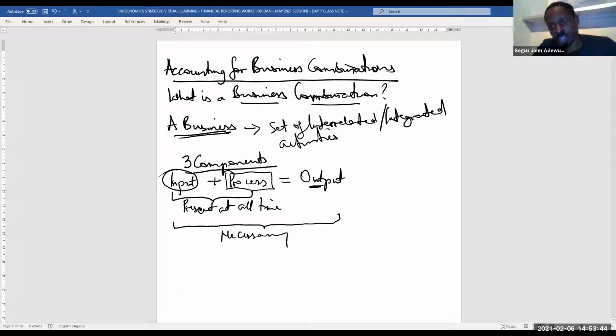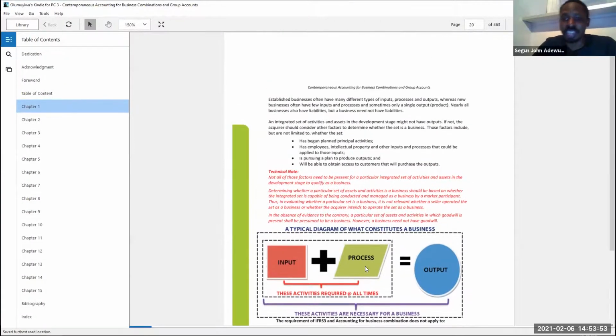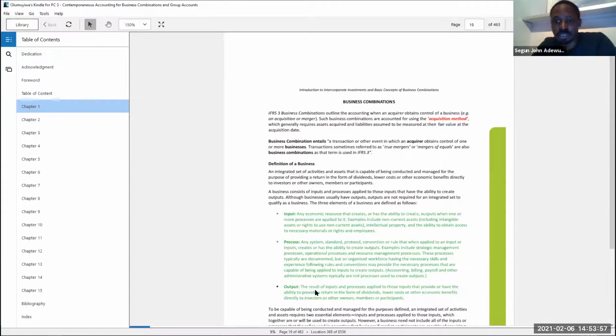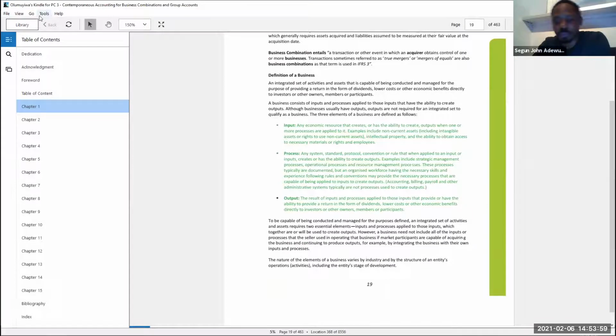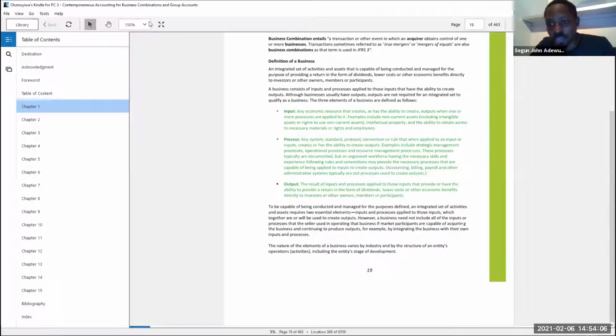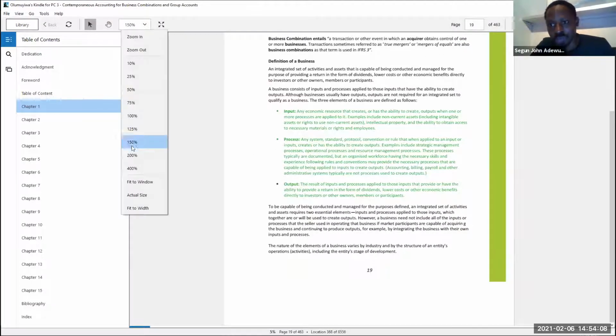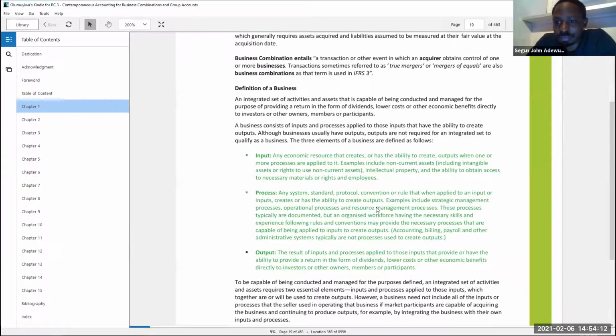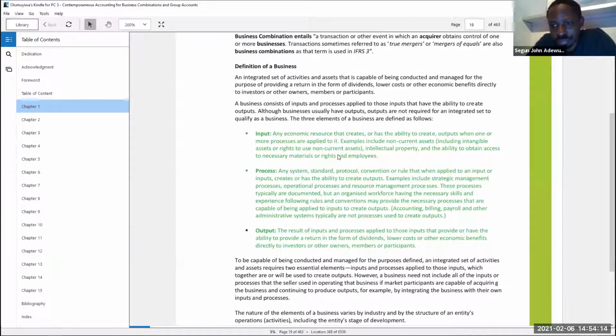And why I also included the employees is because they are part of the process, the experienced ones. They are part of the process of transforming that input into the output. And the output is the cement that we have from limestone. Limestone is part of the input. The plants, the manufacturing equipment, they are part of the inputs, and the output is the cement that we have. So I think I've been able to explain.